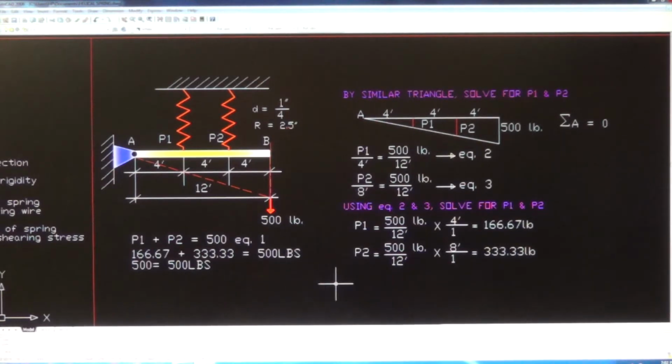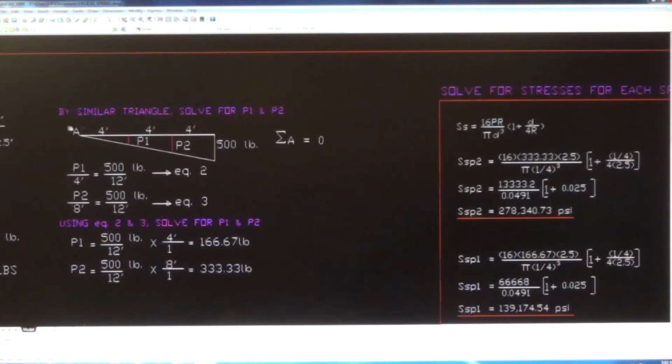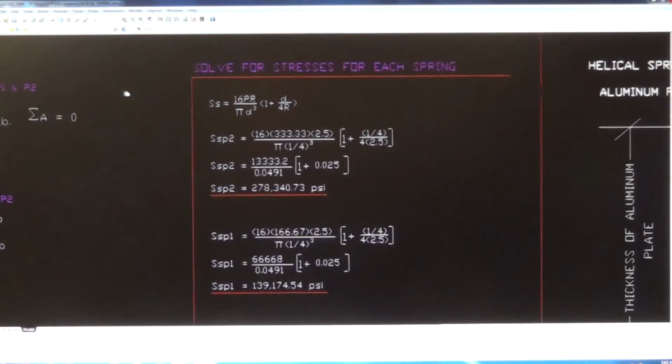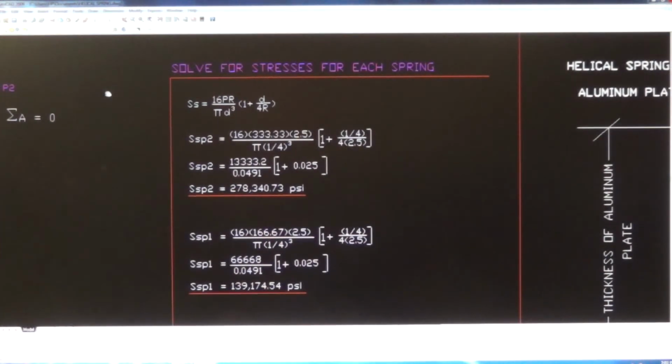Okay, now solve for the torsional shearing stress of spring 1 and spring 2. Solve for the stresses of each spring. Let's start with the bigger load, P2.